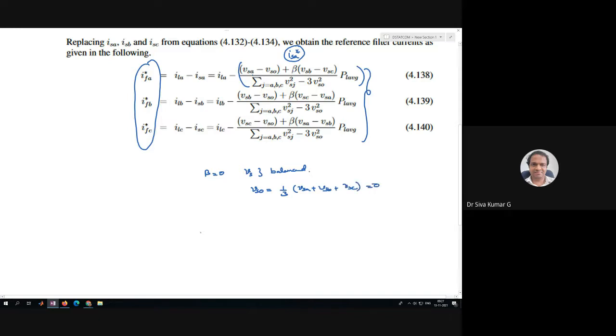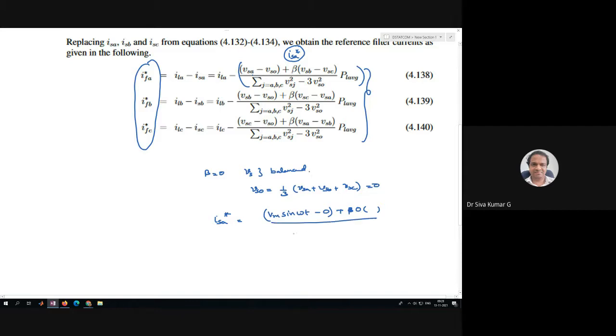We try to see what the ISA star looks like. ISA star is equal to the instantaneous voltage VSA, Vm of sine omega t, minus 0 because the source voltages are balanced, plus beta is 0, and obviously the expression becomes 0.